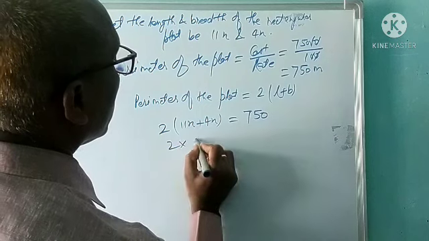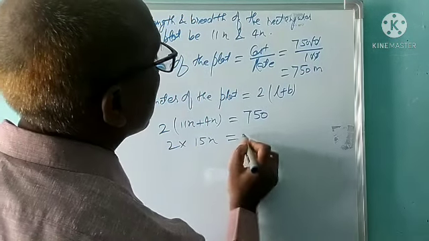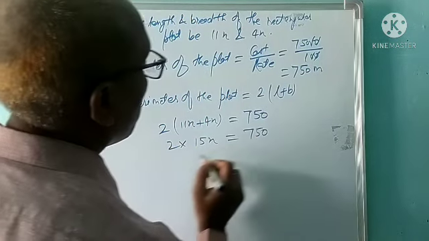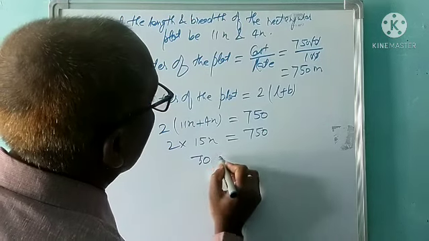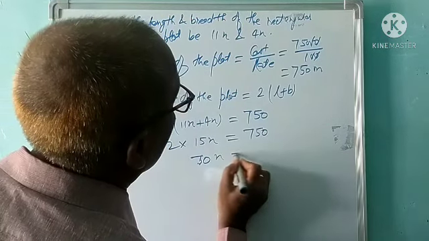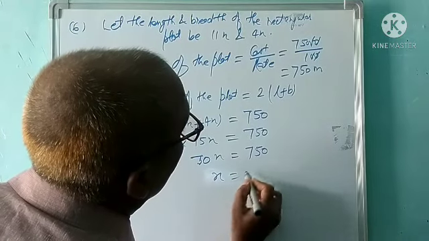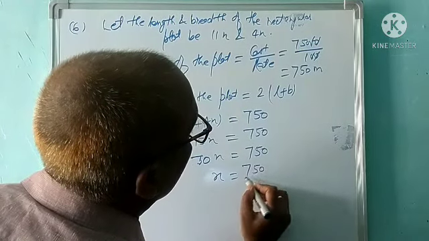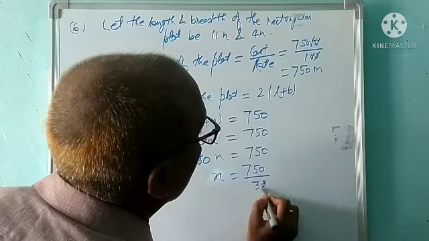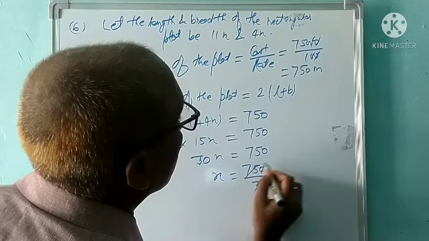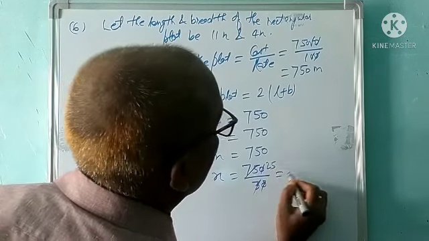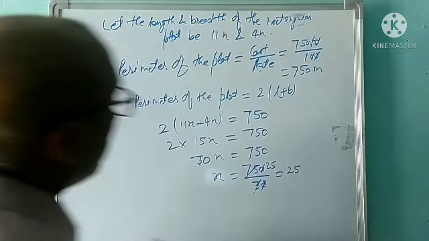Means 2 into 15x is equal to 750, means 30x is equal to 750. x is equal to 750 upon 30. 3 25s, means x is equal to 25.